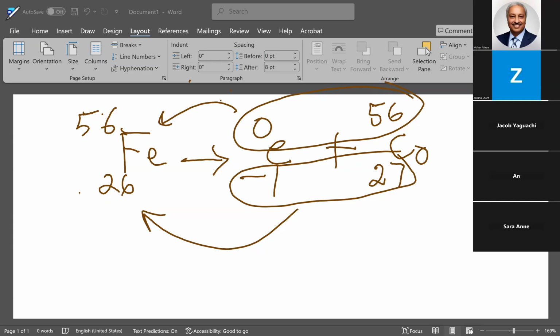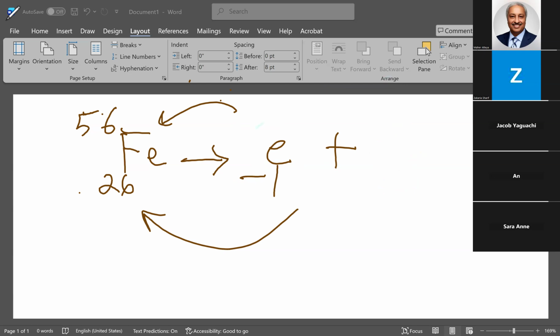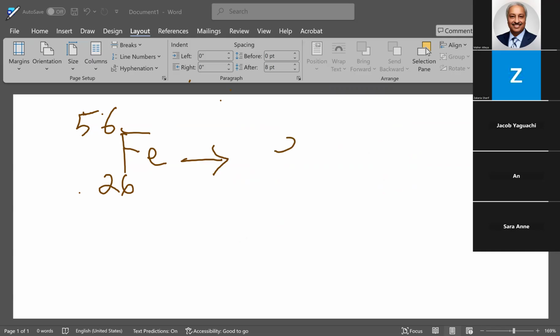Now we took alpha and beta. Let's take the positron. The positron has no atomic mass, but it has a charge of +1. So what will be the new element?